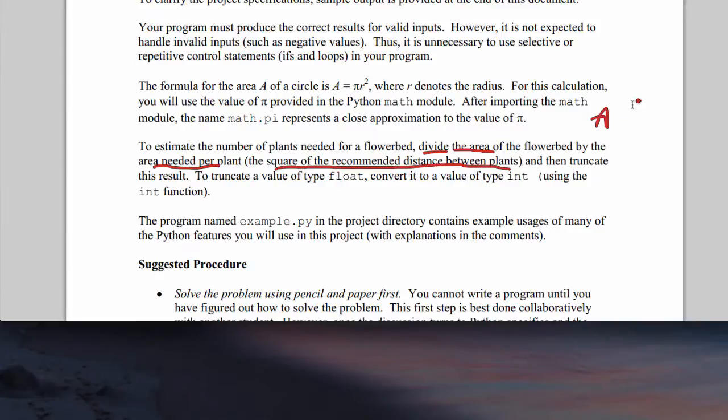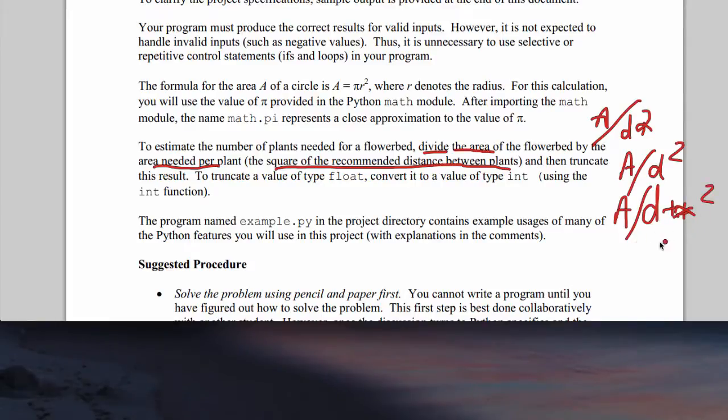So we're going to divide this by the recommended distance, I will call that D, and we're going to square it. So it's A over D squared, which of course we can write in Python as the area over D star star 2.